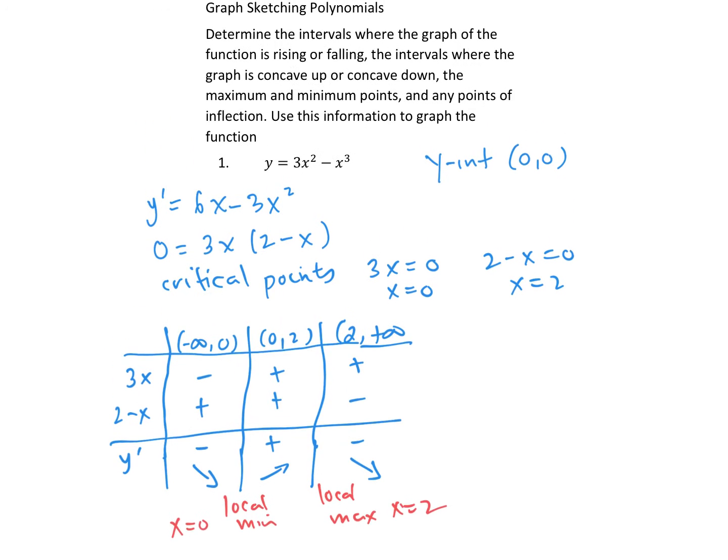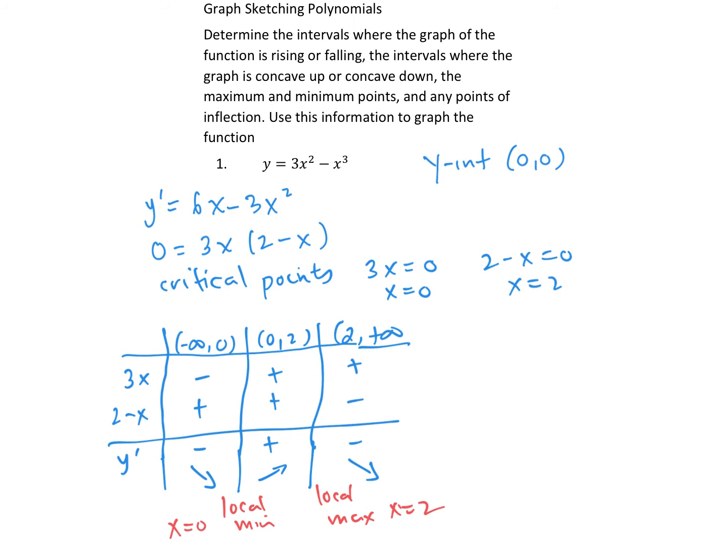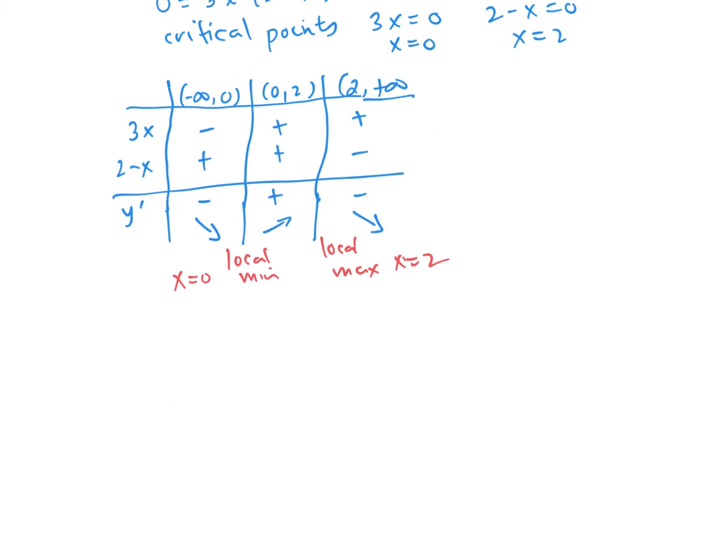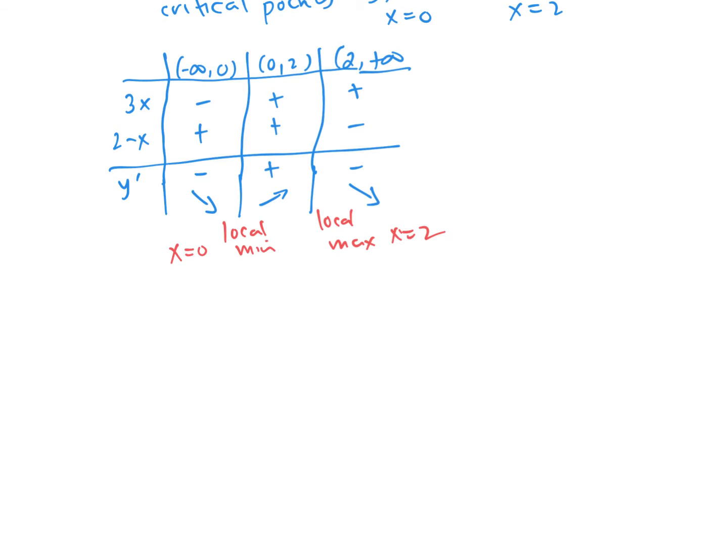Okay. Another piece of information I want to know is, are there any points of inflection and where is the graph concave up or down? So in order to do that, we'll do the second derivative. Set that equal to 0, factor out a 6, and we have a possible point of inflection at x equals 1.